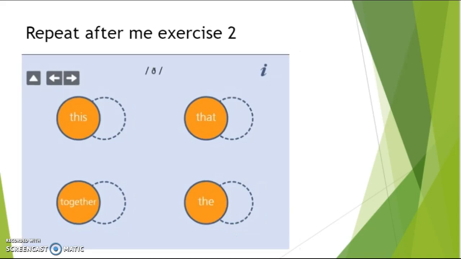And this is another repeat after me exercise where we can practice the th sound. And it goes the same way. You press the circle, and you can hear the right pronunciation. This, that, together, and the.